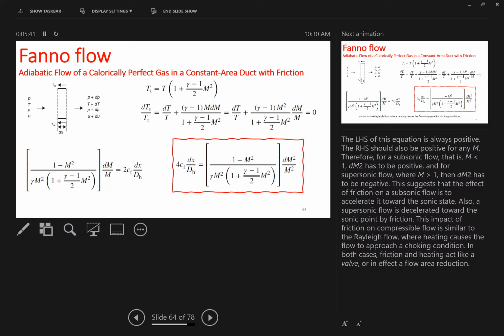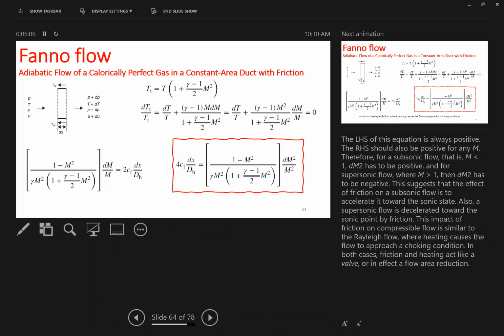Because 4 is a positive value, and the friction coefficient is always positive, either 0 or positive. But we are talking about the friction flow, Fanno flow, so it is always positive. dx is a length scale, right? Length is always positive. And the hydraulic diameter is also always positive. So this part of the equation is always positive, right?